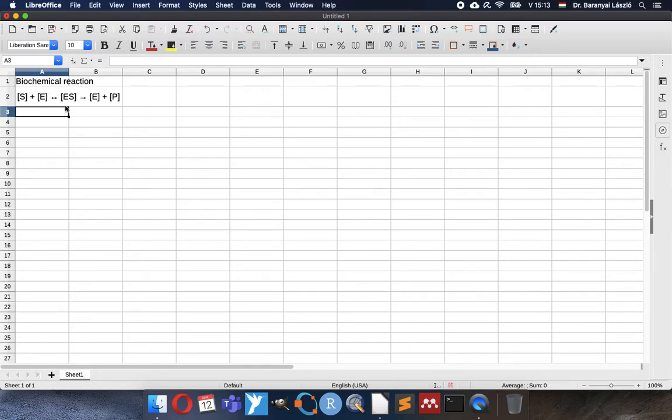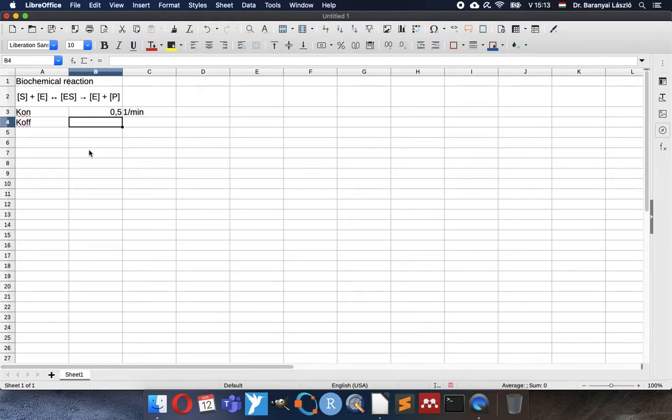So we can describe the kinetics of this equation here with the onset, offset, and the production kinetics. So the onset will be, let's say, 0.51 per minute.